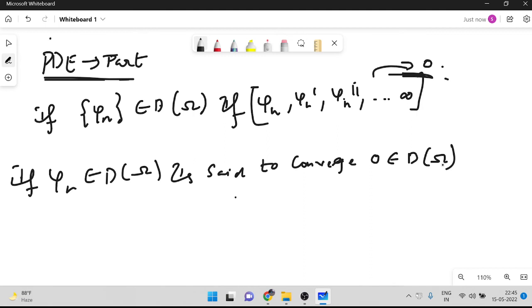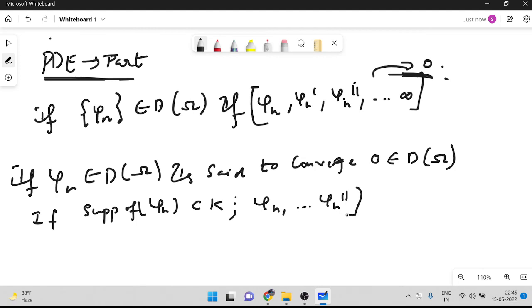They are said to converge to 0 in D omega if, on the support of phi n being a compact set, phi n and all the derivatives must converge to 0 on this compact set. Okay.